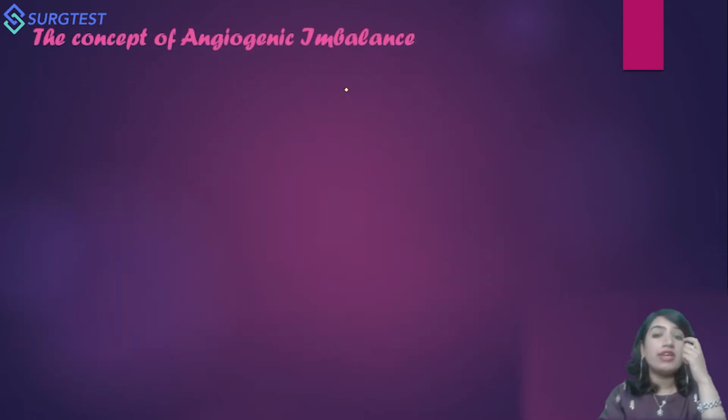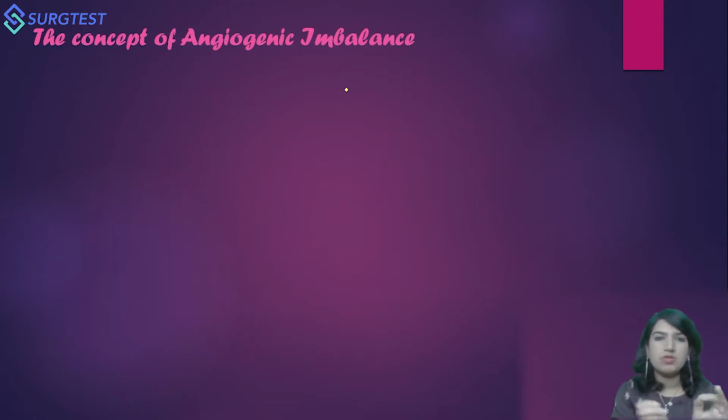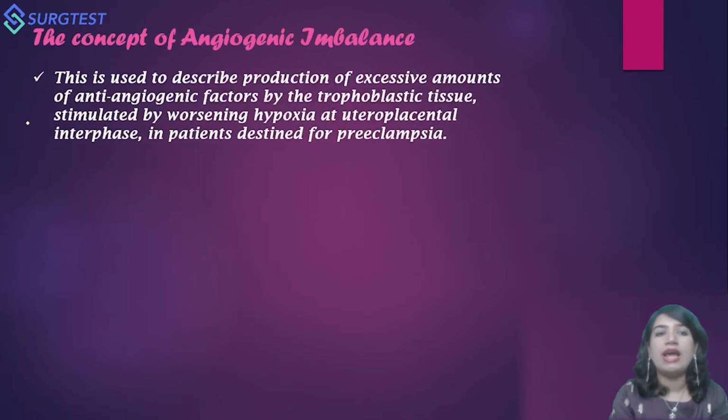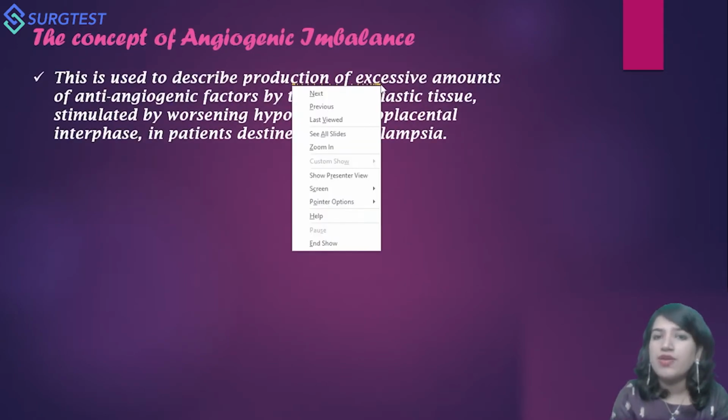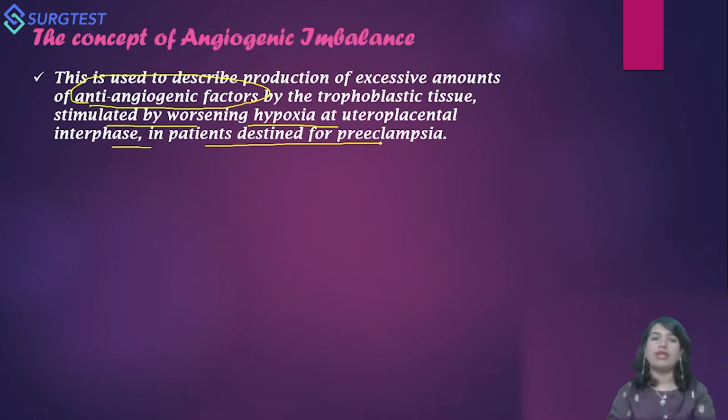So, after reading about this endothelial cell activation and the hyperinflammatory state, there's something which strikes a balance between the angiogenic factors and the anti-angiogenic factors. The concept of angiogenic imbalance is relatively new in preeclampsia, and it describes the production of an excessive amount of anti-angiogenic factors by the trophoblastic tissue, stimulated by worsening hypoxia at the uteroplacental interface in patients destined for preeclampsia.